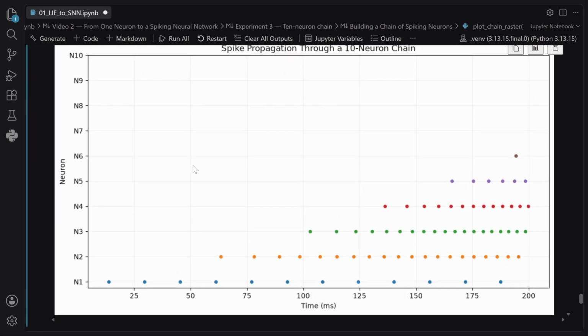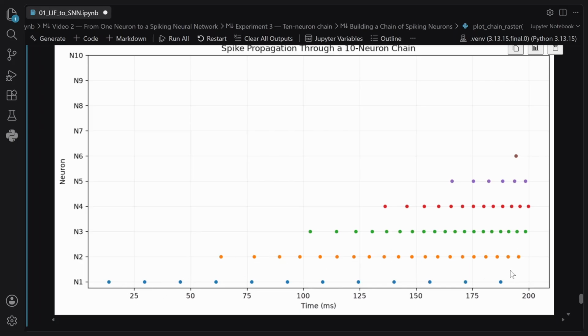So basically, again, the neurons are on the vertical axis, the first neuron all the way to the 10th neuron. This one is constantly spiking because of constant input. Then our second neuron takes this many spikes from our first neuron to spike.